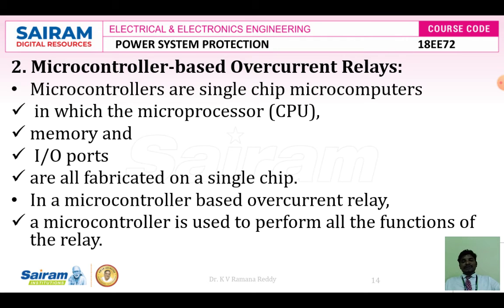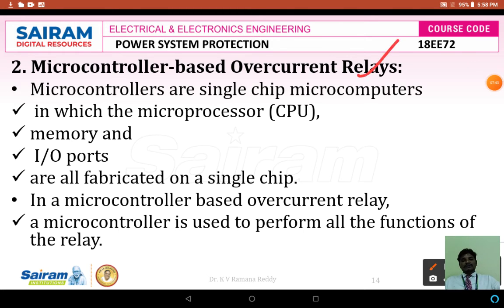The next type of relays are called microcontroller based overcurrent relays. The microcontroller based overcurrent relay consists of a single chip microcomputer in which the microprocessor, CPU, memory, and inputs and outputs are all fabricated on a single chip. This chip is called a microcontroller, which is used like an overcurrent relay, comparing the real value with the preset value already given as a setting.